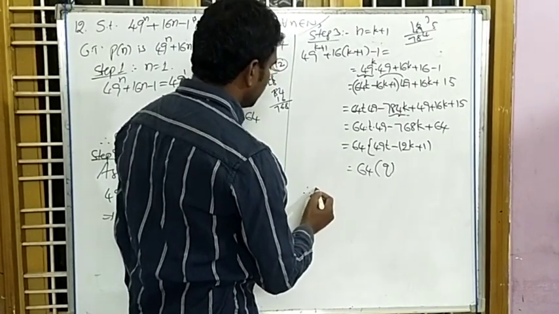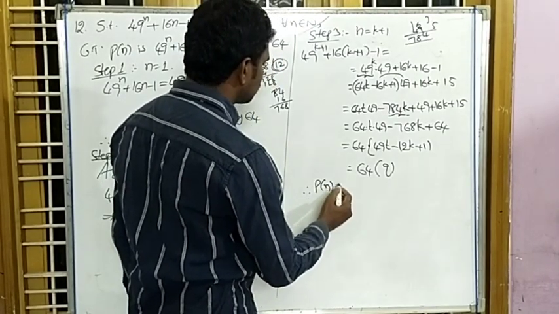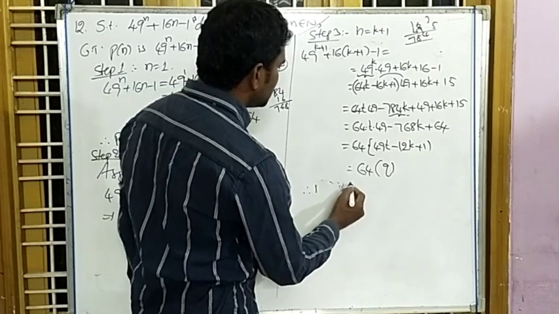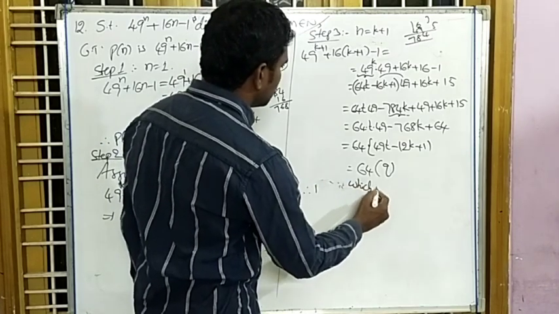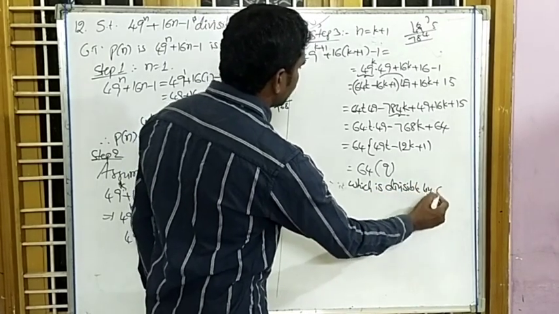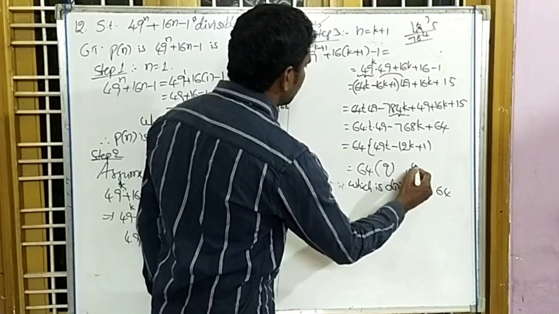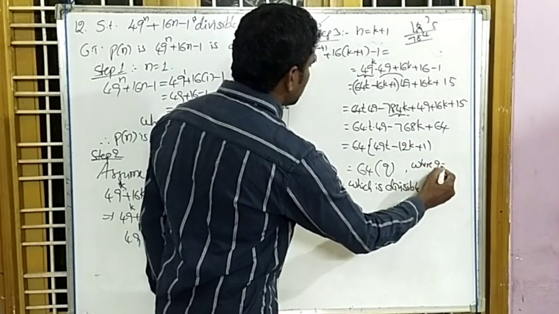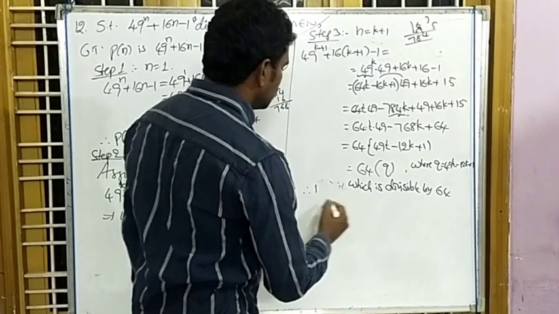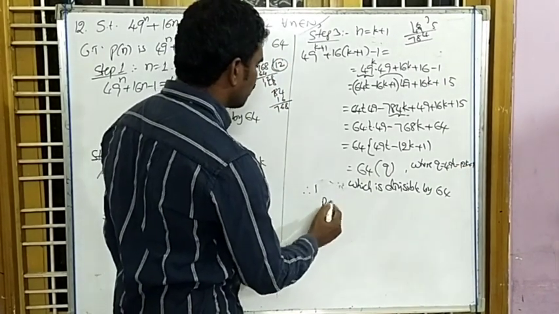So P of n is divisible by 64, where q = 49t - 12k + 1. So it is divisible by 64, which means P of k + 1 is true.